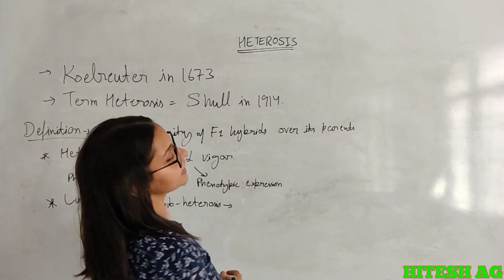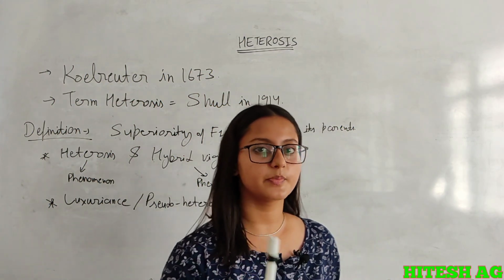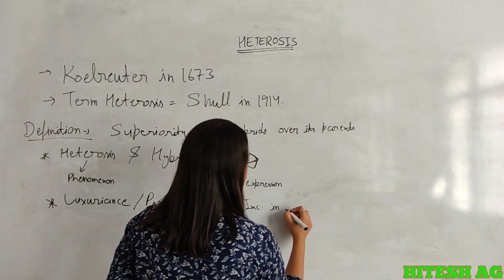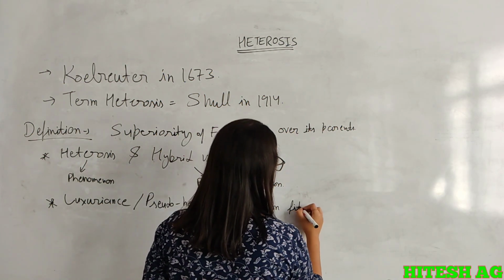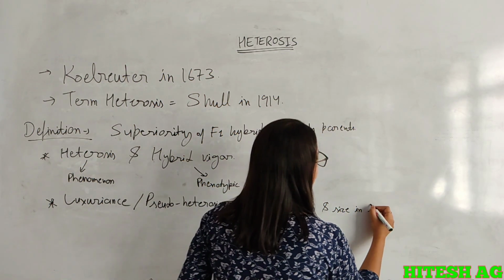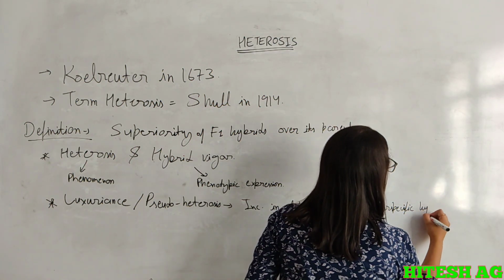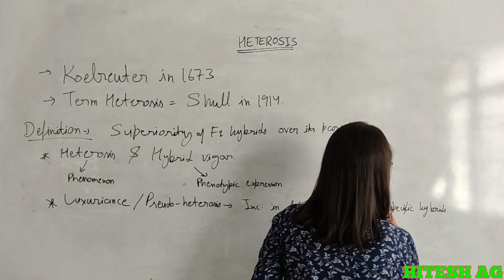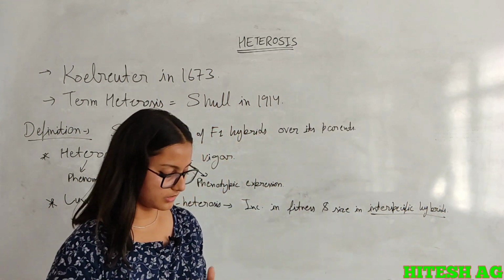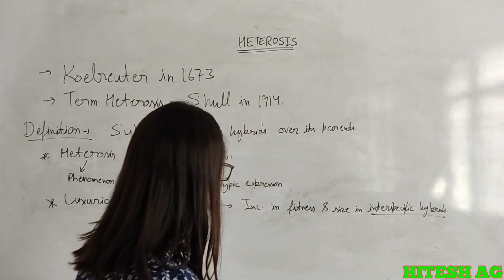It is the increase in fitness and size in interspecific hybrids. And what are interspecific hybrids? The hybrids that we get by crossing two different species. Alright, that is interspecific hybrids.